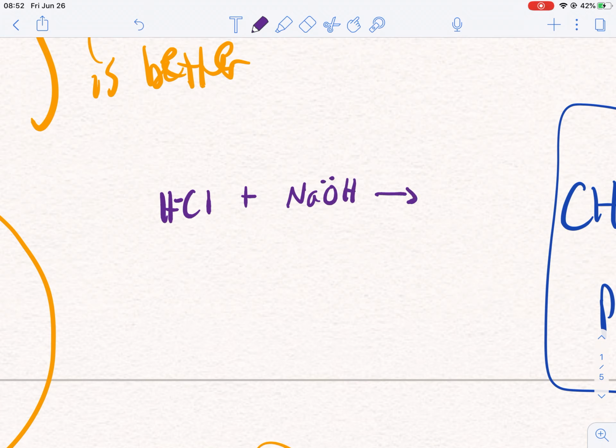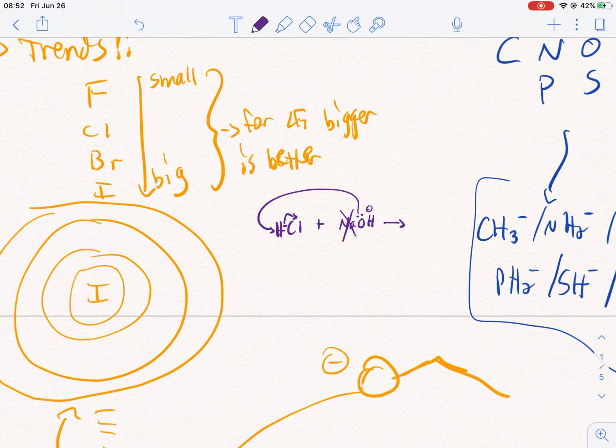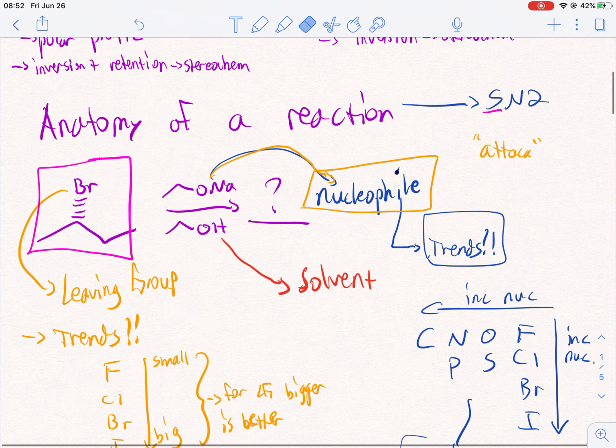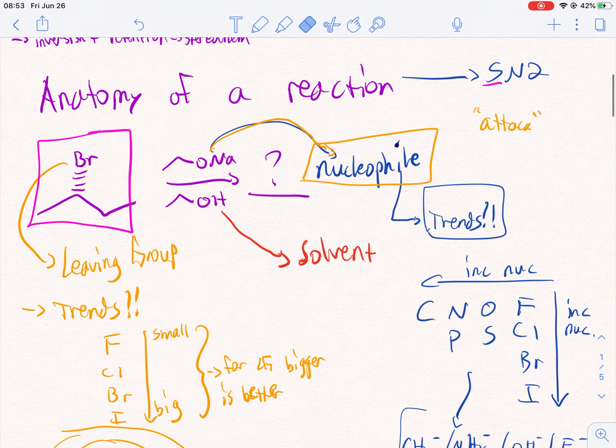Okay. And that sodium is a spectator. That OH is going to come and attack, right? And so that's what I mean by the attacking, right? Just like a base would attack an acid, a nucleophile will attack the substrate, okay?